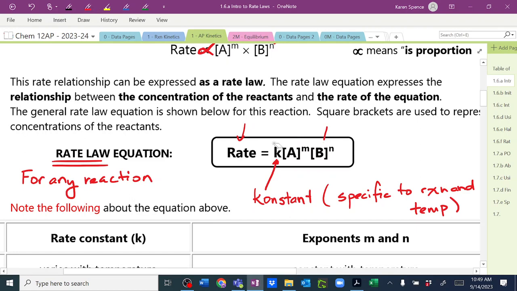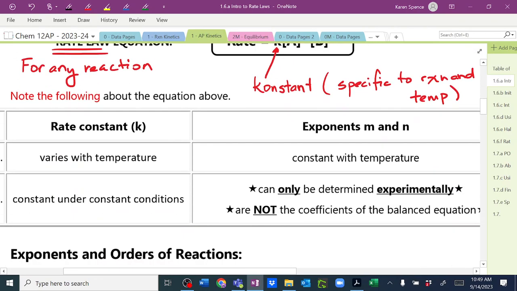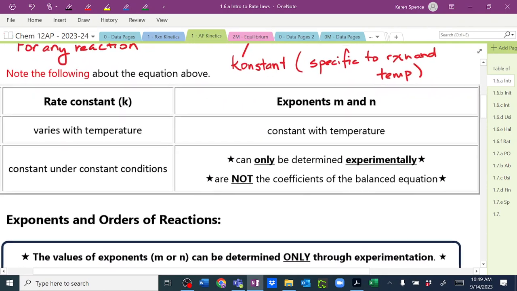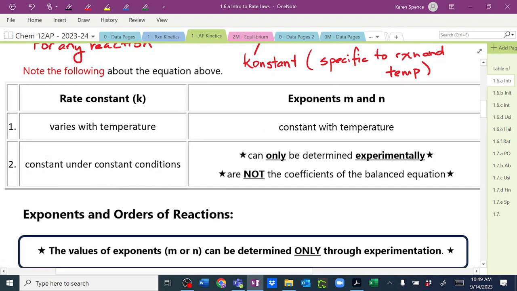Okay, but that's where that comes in. So the rate constant varies with temperature, but if you keep your conditions constant, it is constant. Exponents m and n, again, they are constant with temperature. They can only be determined experimentally. They are not the coefficients.